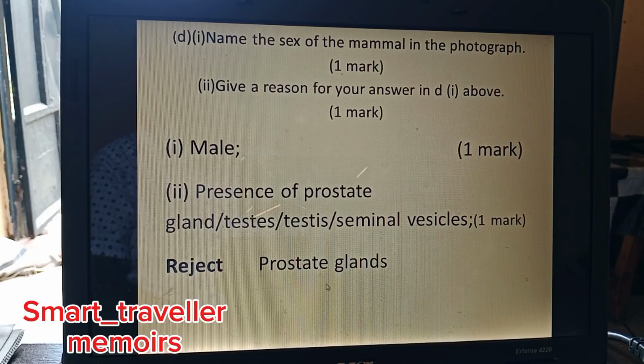So you say presence of prostate gland, or presence of testes, they can be seen, or presence of seminal vesicles. But you reject prostate glands. It is one prostate gland. It is not plural. You can see the technicalities of marking.